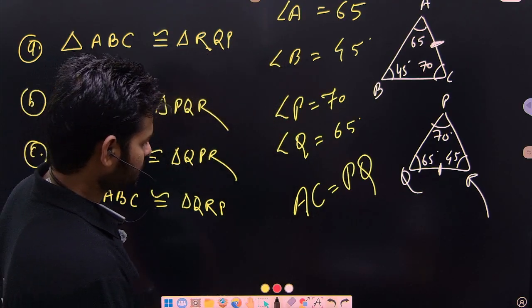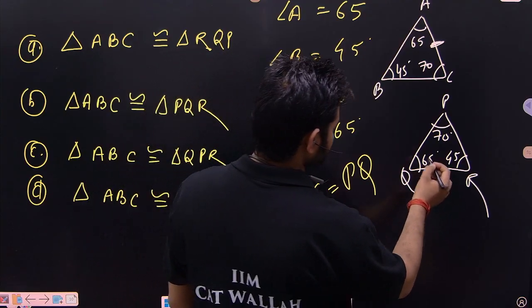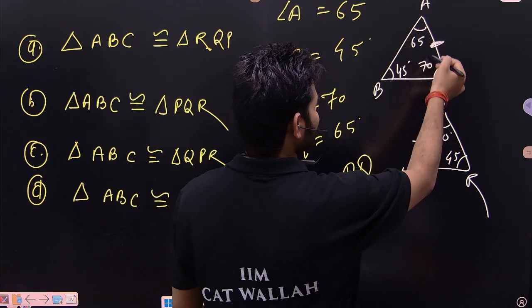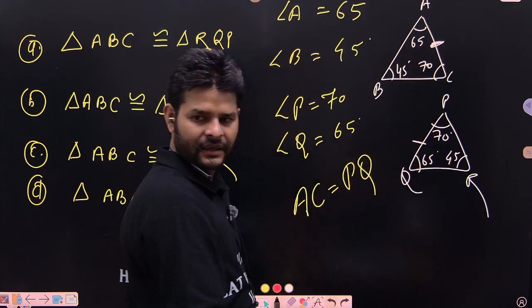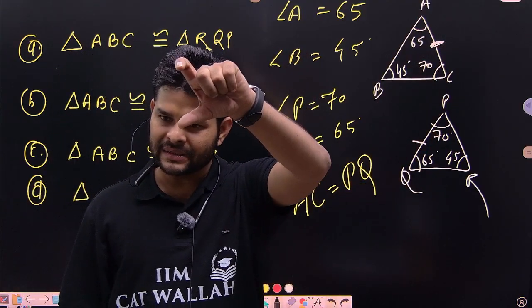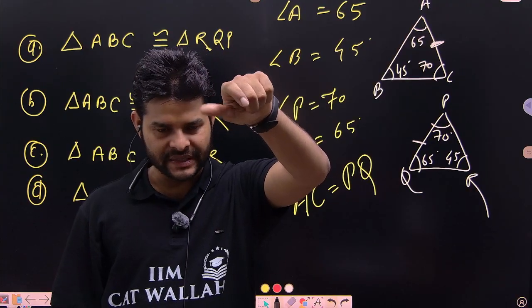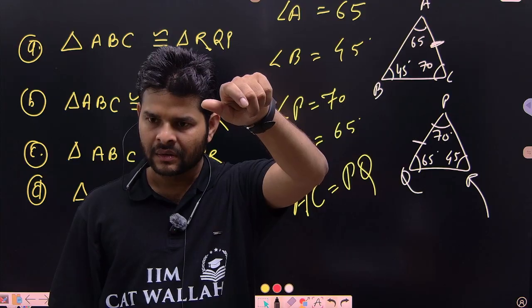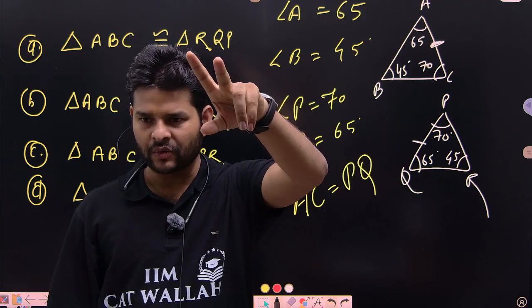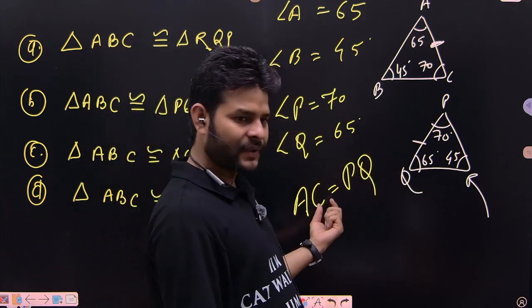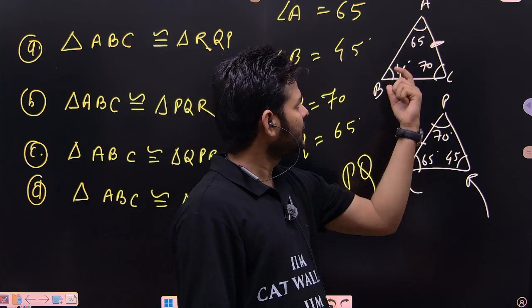AC PQ. Sorry, PQ means this one. So 65 70 and 65 70. So two triangles and the side on which these two triangles are drawn, they should be equal. So this side is equal to this one and both the triangles are equal.